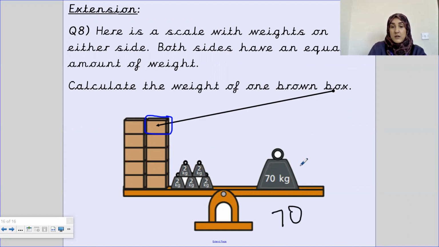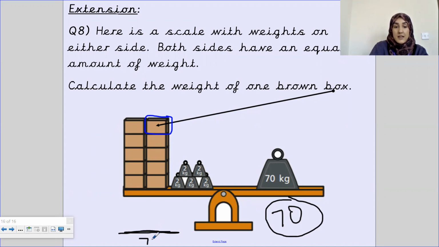You don't need to think about the unit of measurement, so the kilograms, just look at the number, 70. So the total amount on this side is 70. On this side, this also needs to equal 70. Now, can you see that there is 2, 4, 6, 8, 10? So there is 10 kilograms worth of weight that is given to us.